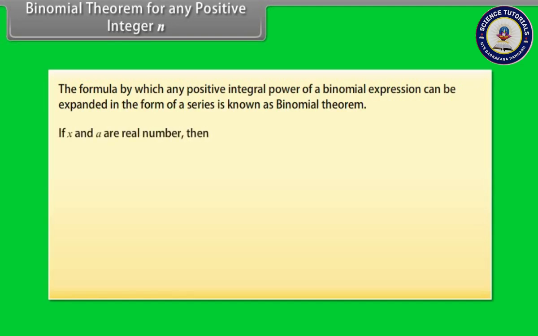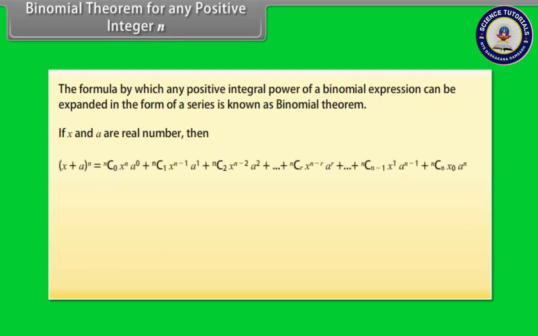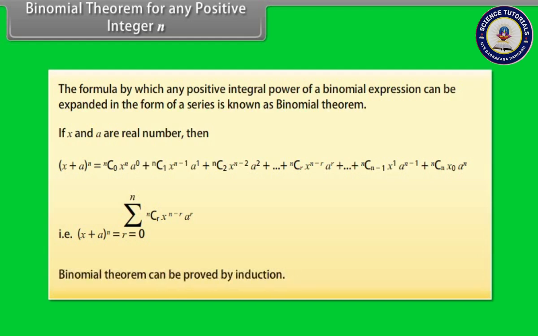If x and a are real numbers, then (x + a)ⁿ is equal to the summation from r = 0 to n of nCr xⁿ⁻ʳ aʳ. The binomial theorem can be proved by induction.